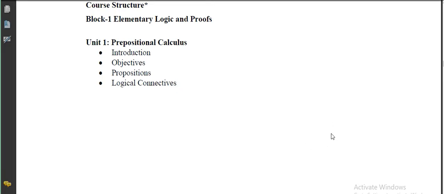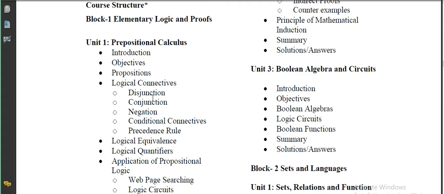So today I'm going to another important topic. If I show you that PDF of your syllabus, here in unit 1, these are the important topics: logical connectives, disjunction, conjunction, negation, and conditional connectives.